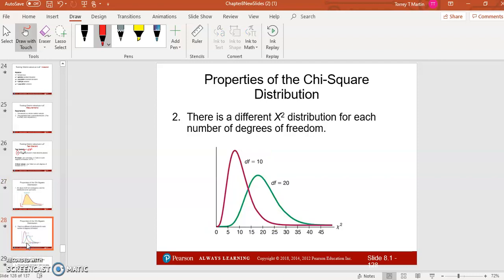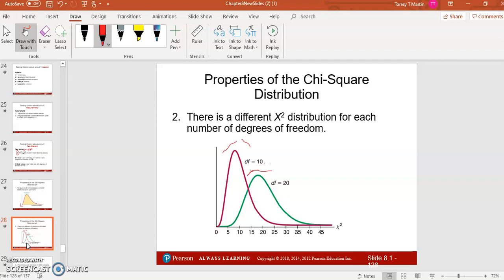Okay, so there is a different chi-square distribution for each number of degrees of freedom. So just notice how for the degrees of freedom of 10, it is a lot more narrow towards the top, and then with the degrees of freedom of 20, we came down a little bit more.